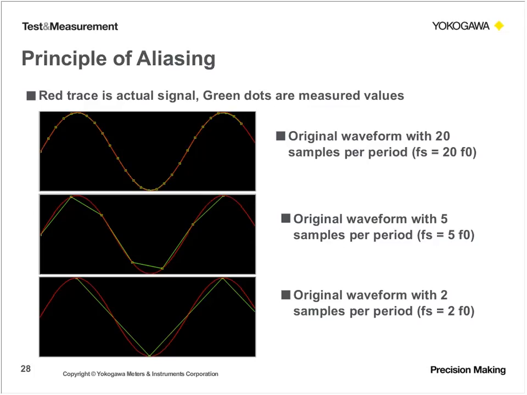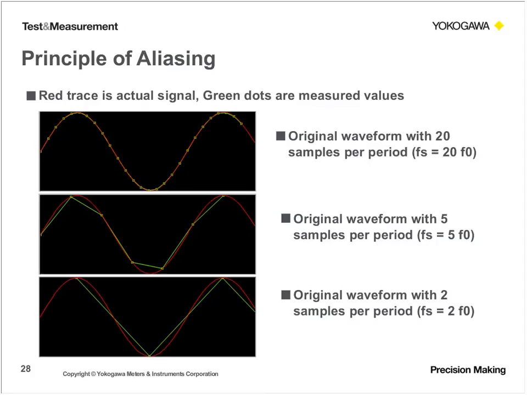So for a 1 hertz signal, if we sample at 20 samples per second, that's 20 times the signal frequency, and you can see that we get a good, accurate representation of the original signal. Now, let's say we reduce that. Let's say we're only sampling at 5 times the frequency. Again, this is a frequency of 1 hertz, and we're sampling at 5 times that rate. You'll see that we still have a decent recreation of the signal.